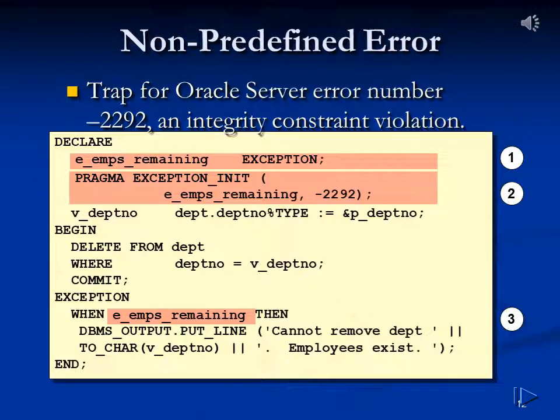Next is trapping a non-predefined Oracle server exception. First, declare the name for the exception within the declarative section. The syntax is here, where exception is the name of the exception.